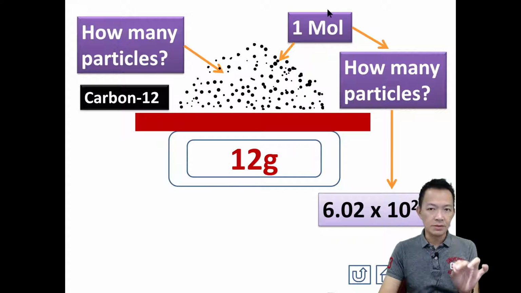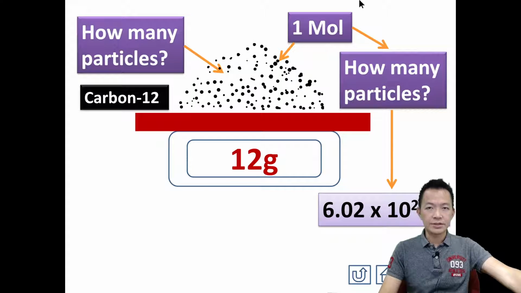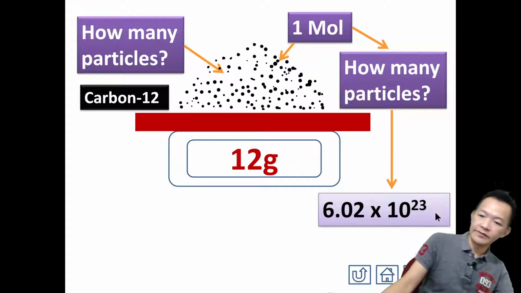So what's meant by mole? 什么叫 mole? Mole actually is a number. 它就是一个 number. And what is the number? 6.02 times 10 to the power of 23.